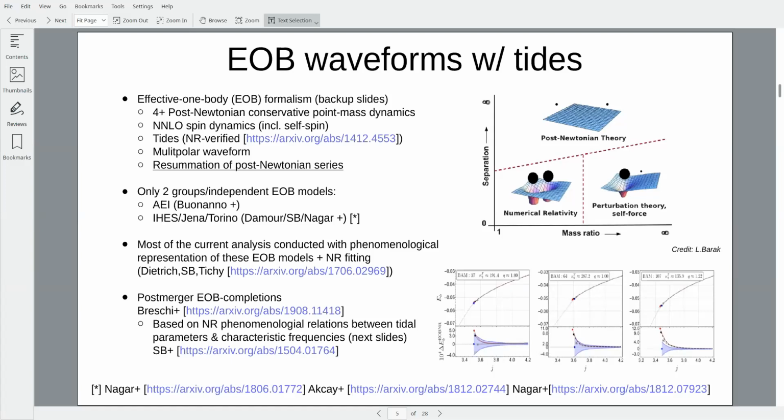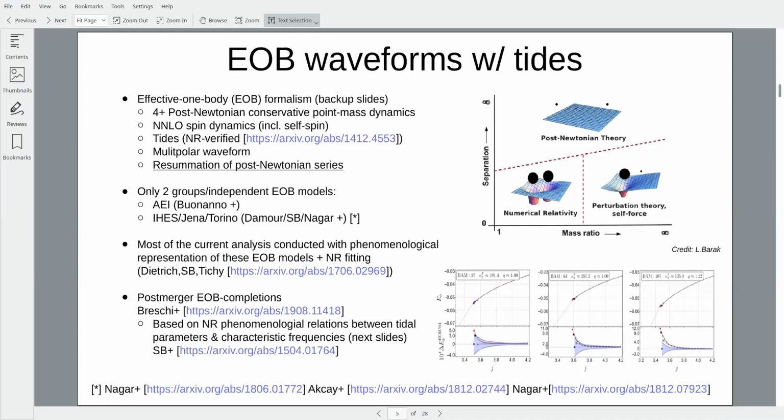Moreover, these formalisms can somehow extend to the fast motion regime. So thanks to these techniques, you can in fact extend it at least qualitatively through merger, and you can get the right qualitative behavior. Once you are there, of course, you can compare with simulation and try to complete the information with those.